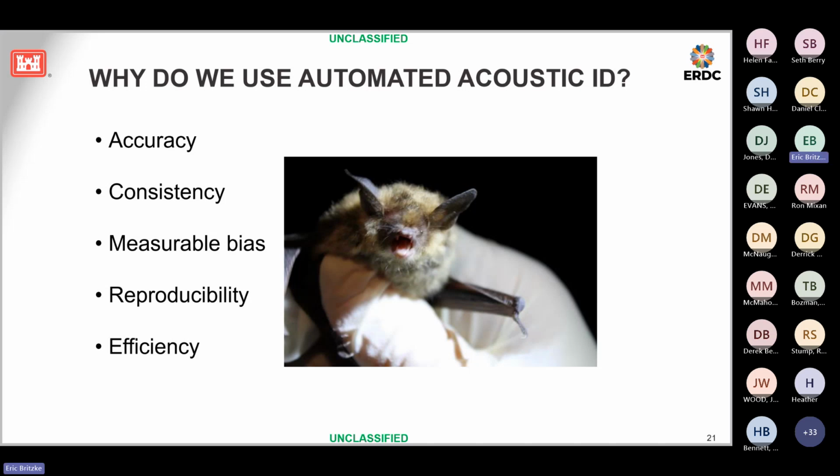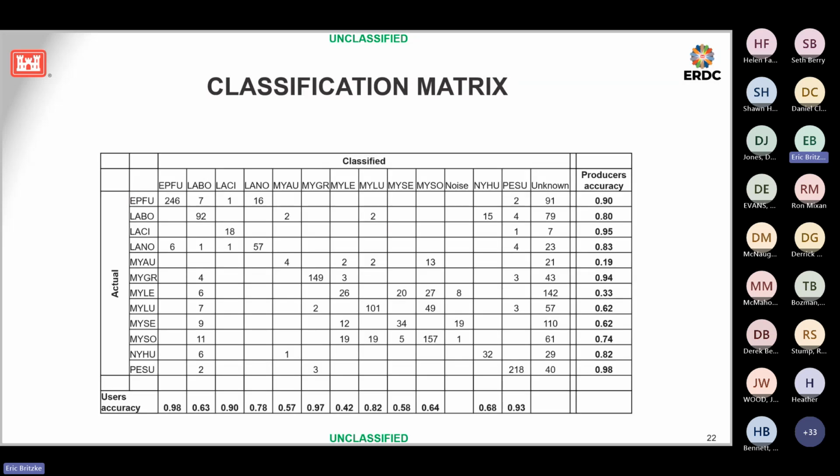The quantitative methods are very consistent in structure. We have a measurable bias that we can use, so we have some accuracy rates and can figure out what's going on. They're obviously reproducible. We can run the same files through a program and have the same results. And efficiency is important. We can analyze a large number of files very quickly.